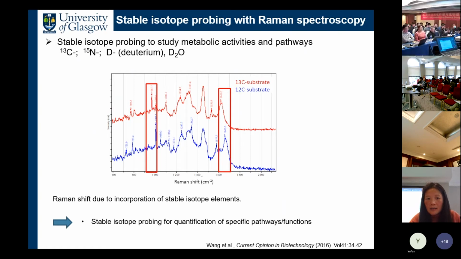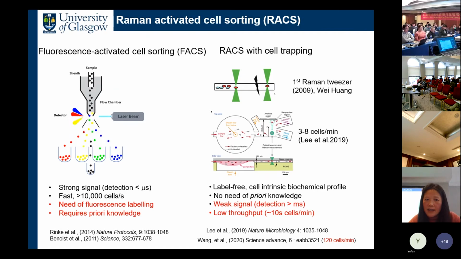Of course, there are many other applications using stable isotope labeling. Now, we have means to classify the cells, and the important thing is how we select the target cells. We know that traditionally, fluorescence-activated cell sorting is widely used.